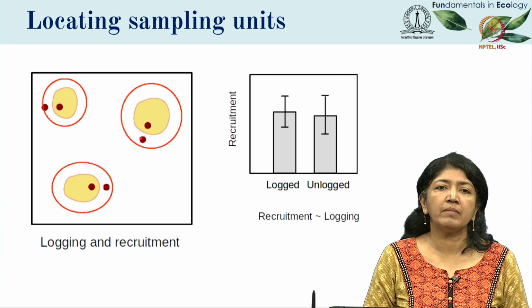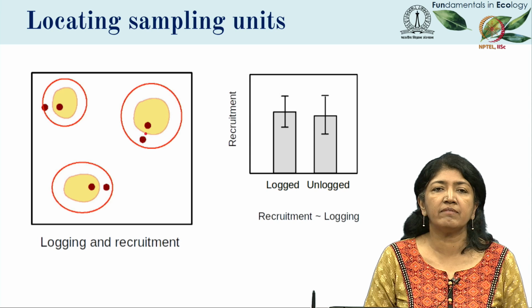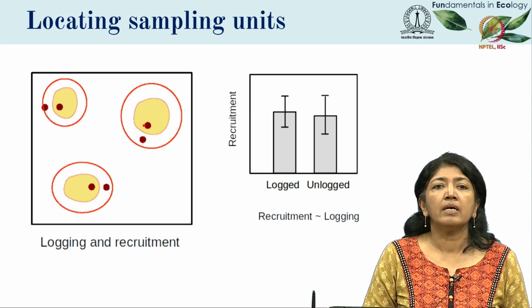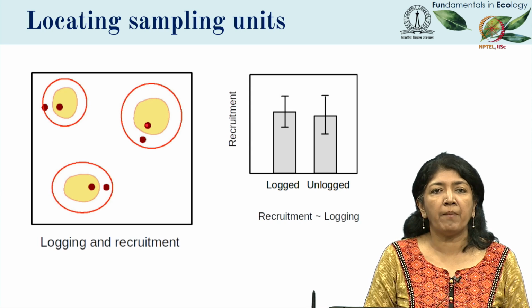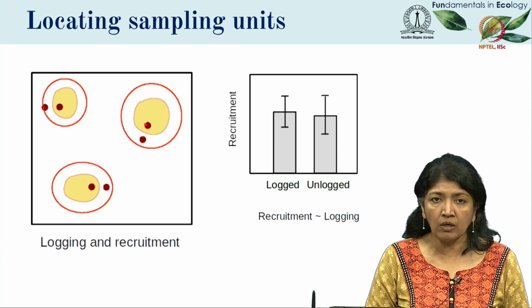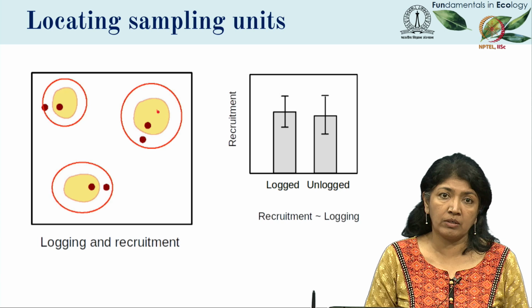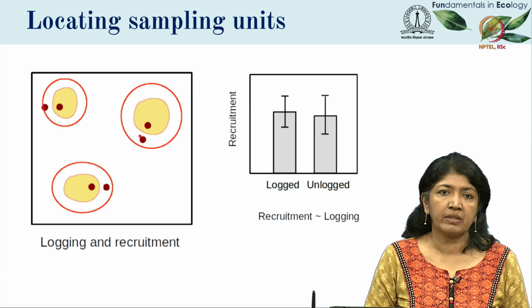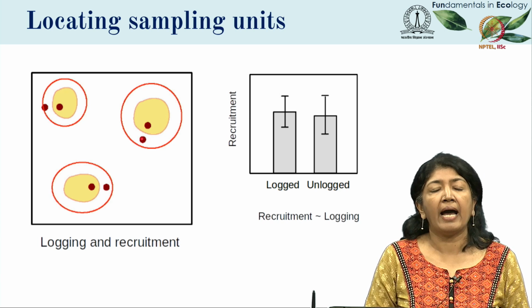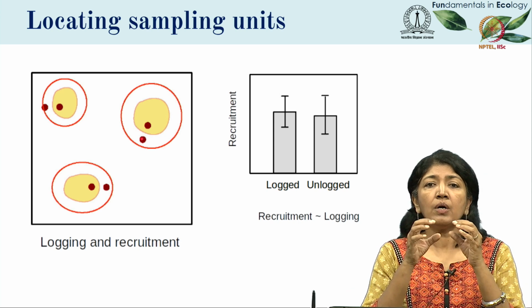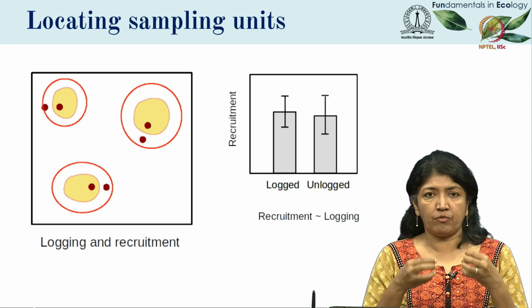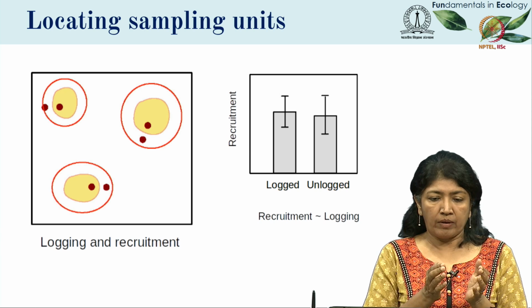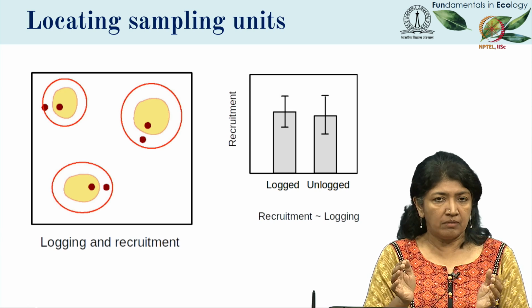And similarly, from the logged forest also you have individuals moving within a certain radius. So, now the measurements between pairs of logged and unlogged patches are not really independent. Juvenile density in the unlogged patch here can affect densities in the logged plot and vice versa.